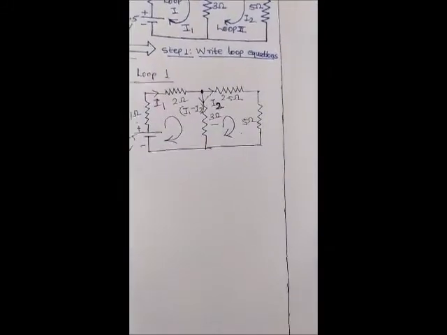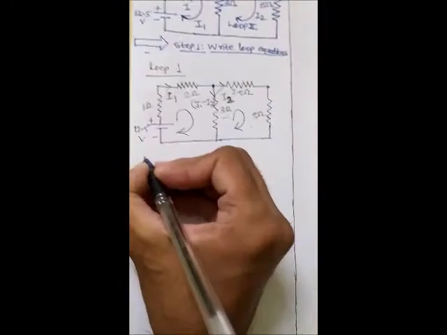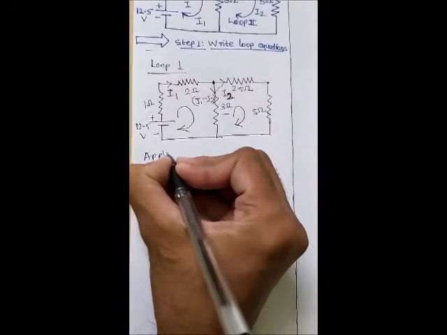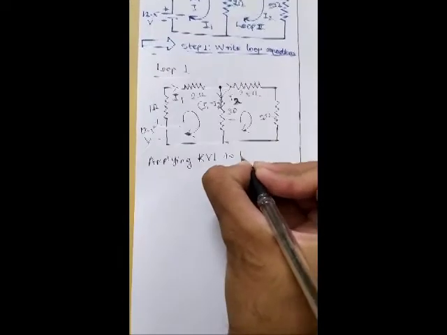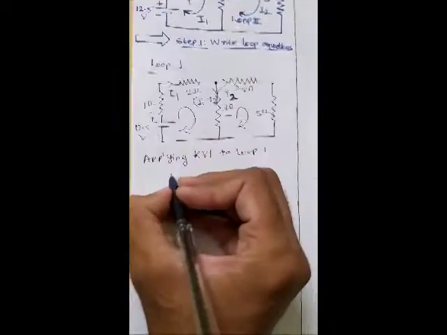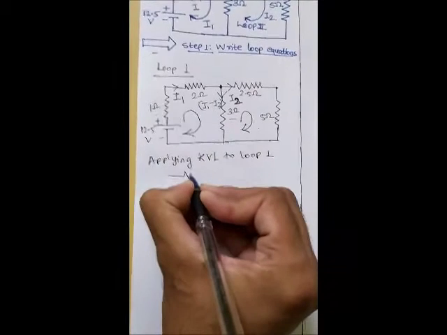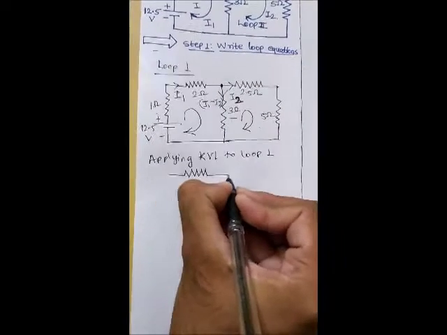Now we will write down the equation for loop 1. So applying KVL to loop 1. Okay, now I will draw a loop 1 here.